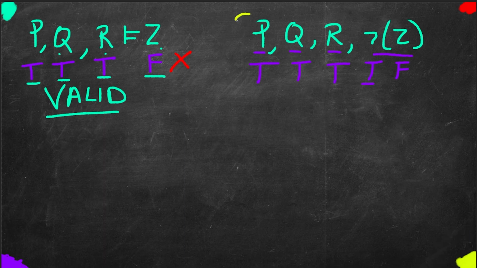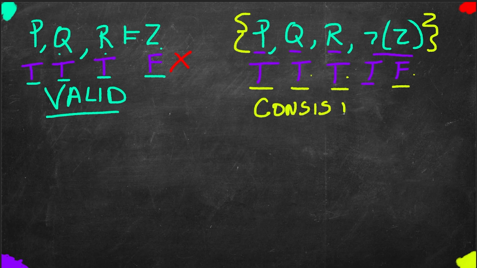So in order for this set of formulas to be consistent, we would need to assign to each of the letters that compose the formulas a value of true, true, true, and false.